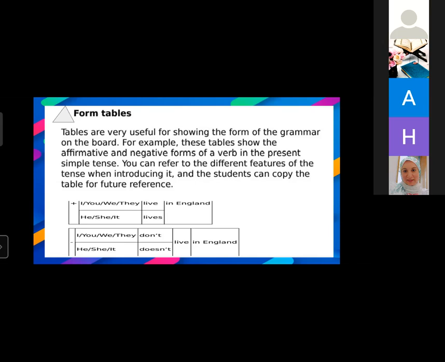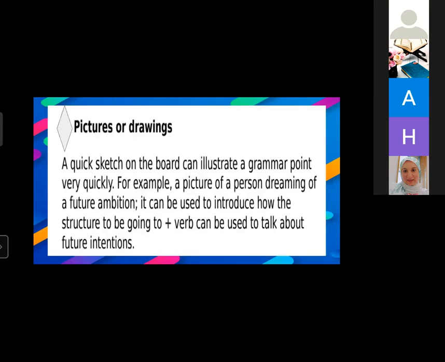And you can write Ahmed play, Hana sing, Noha read, and so on. After that, you can ask your learners to form sentences from the table. For example, Ahmed is playing, Noha is listening, Hana is drawing, and so on. So forming tables also can be applicable if you are teaching grammar.